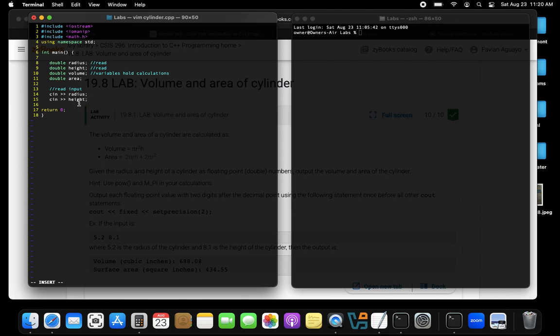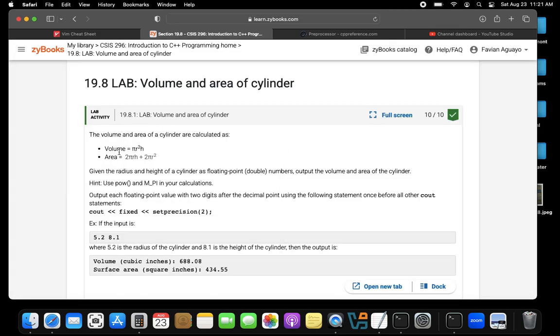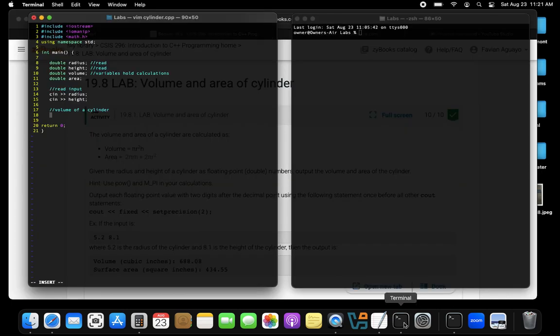So now we get to our equations. We'll call this volume of a cylinder. And this is what we're going to try to write in C++ format. So the equation is volume equals pi r squared times height. And here's how you write that in C++.